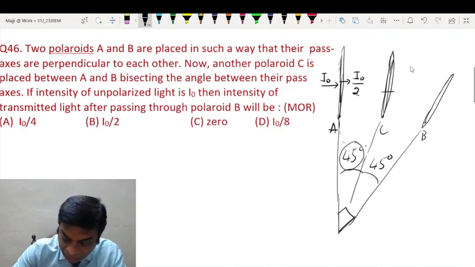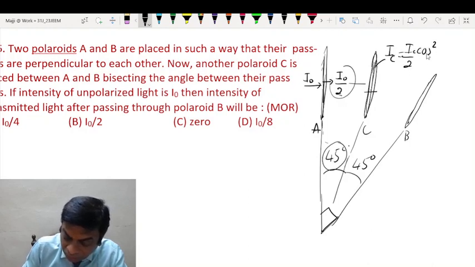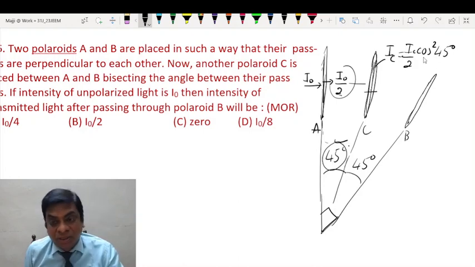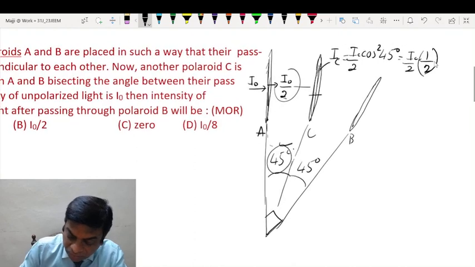So according to law of Malus, I can write the intensity coming out through C as the intensity of incident light into cos square of angle between their planes of transmission. Which is equal to I naught by 2, cos square 45 degrees is half. So this will be I naught by 4.